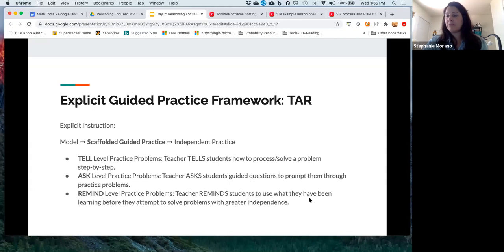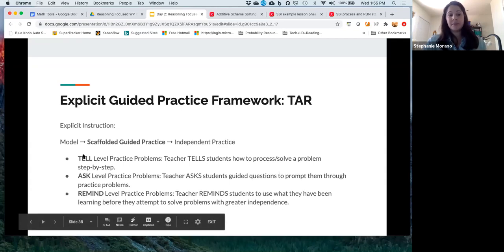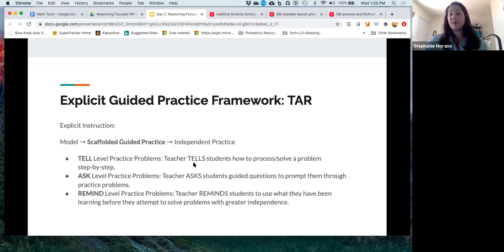Okay, so I'm seeing some not familiars in the chat, which is good. So the TAR framework: tell is for problems in which we basically baby step students through the solving process. We tell them how to solve and they do it along with us. Once students show some proficiency there, we can fade to ask level prompts, where we're basically asking questions to prompt students through the process.